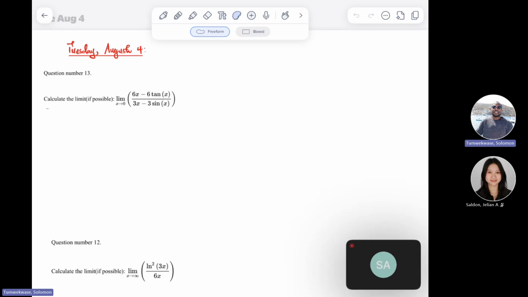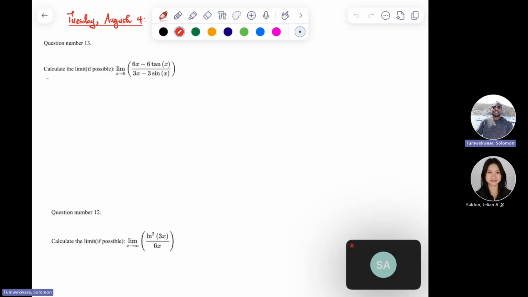So the first thing, whenever I have a limit like this, I first substitute the value that is given inside the function and I see what I get. So when I substitute 0 into this function, tangent of 0 is 0, so the top is 0.